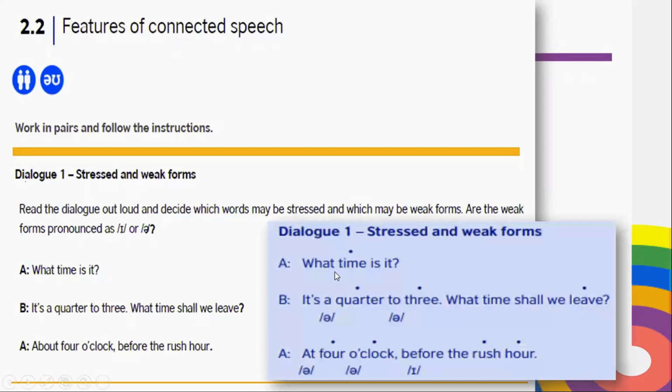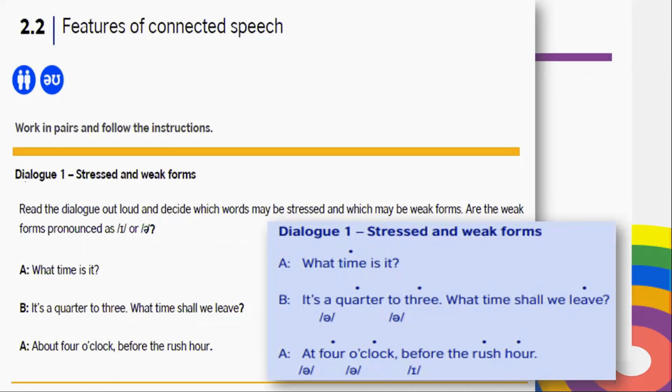As you can see, what time? We are stressing time because it's a content word. Do you remember this expression? Content word: we're stressing the main word or piece of information in a sentence. So what time is stressed.